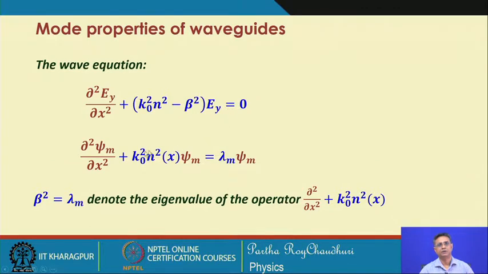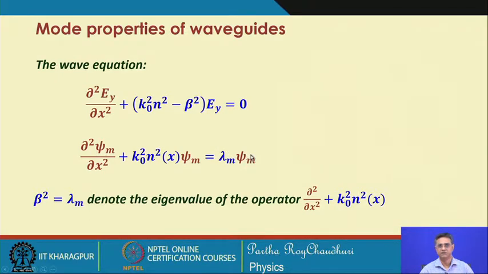and so if we consider the mth mode, we can write the mode by writing this psi m as the mode designation, then d square psi m dx square plus k0 square n square psi m will be equal to lambda m. This lambda m, which is to represent this beta square, is the eigenvalue of this eigenvalue equation.